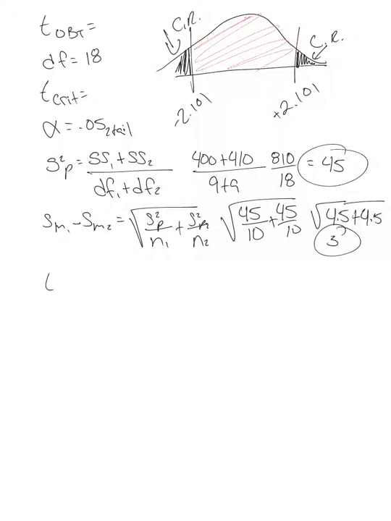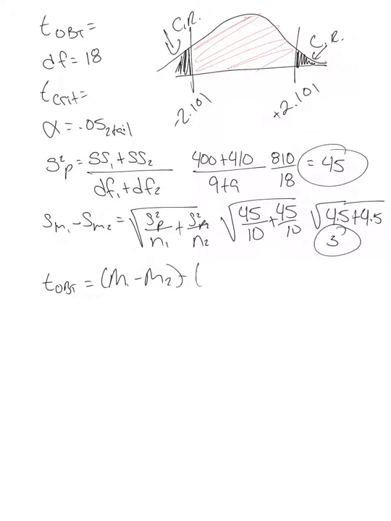Okay. Now we can put that into our t obtained formula. Now this is the long one. Most people don't use the full, it's supposed to be mu, sorry. Let me just start that all over again. That's really sloppy. I apologize.